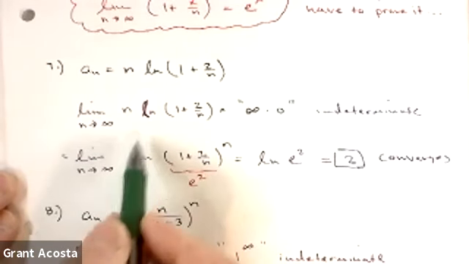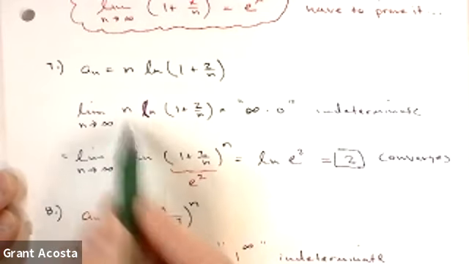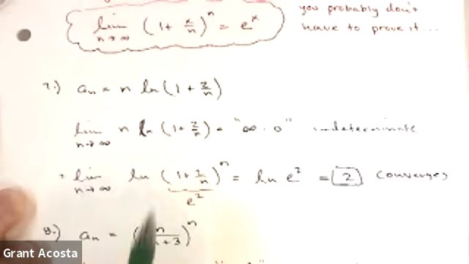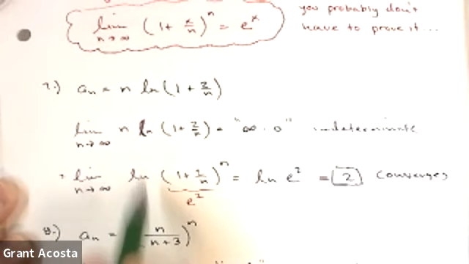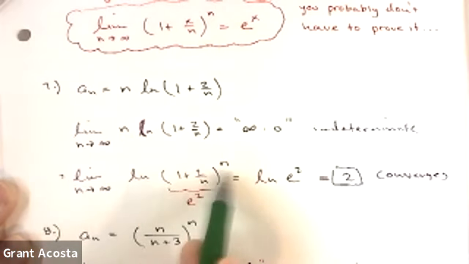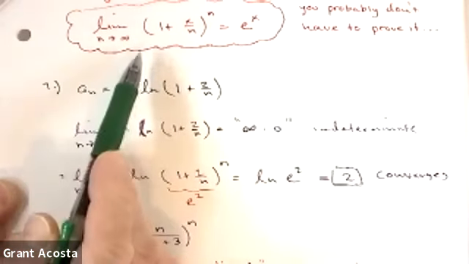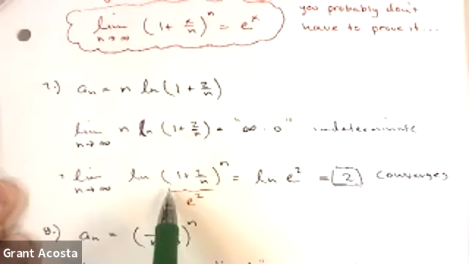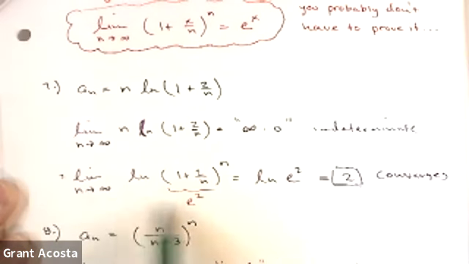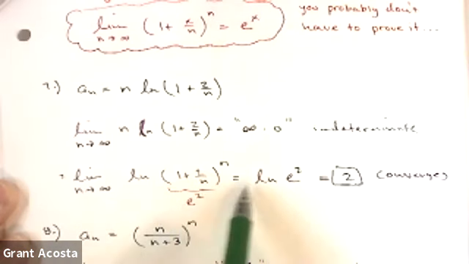So here what we're going to do, we're going to manipulate this, and now that we know this formula up above here, we're actually going to take this n, and because it's in front of a log, it can go up in the exponent. And from what we know up here, (1 + 2/n)^n as n goes to infinity is going to approach e^2.